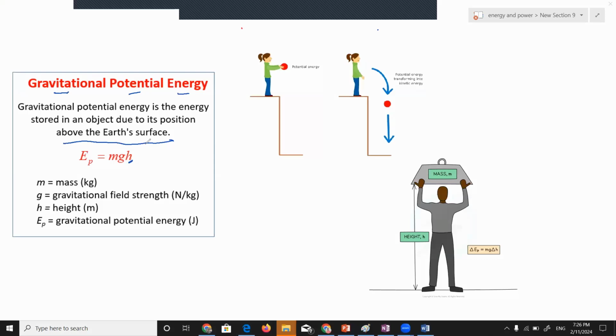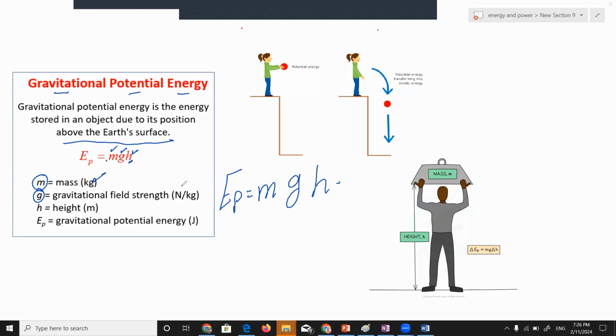Let's understand the formula of gravitational potential energy. The formula is mgh: mass, gravitational field strength, and height. m stands for mass, and it's in kilograms. g stands for gravitational field strength.